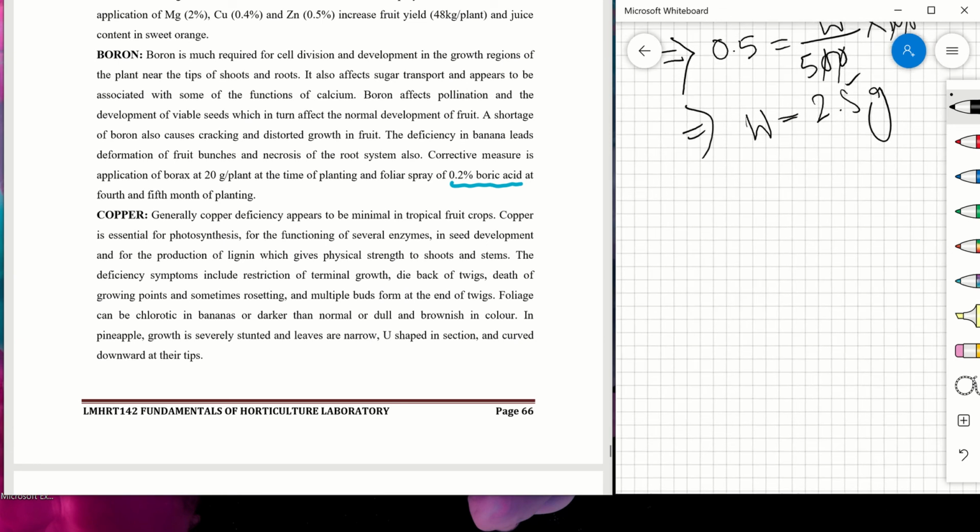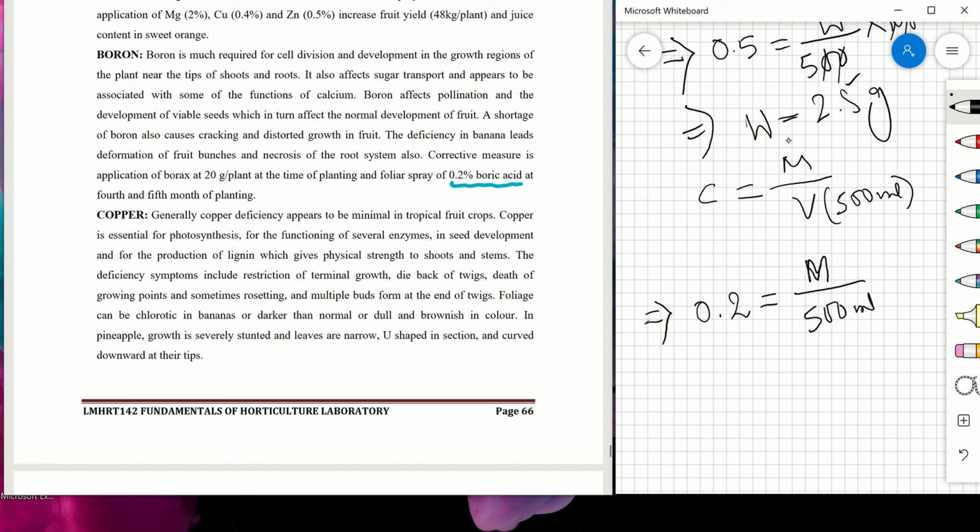In that case, use the same formula, C equals M by V. The concentration you want to prepare is 0.2%, the volume to prepare is 500 ml, times 100, and the mass you don't know.